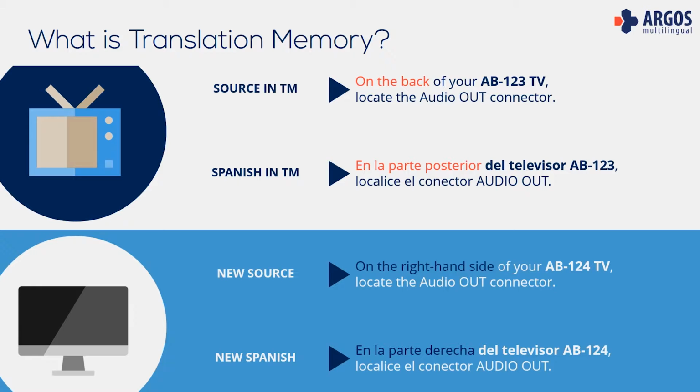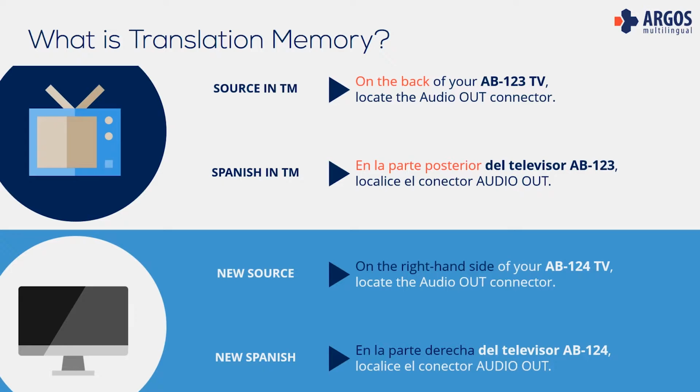Likewise, when the client updates a product with a new feature, it won't discard all the existing source content and write its user documentation from scratch, because the earlier model will still have much of the existing functionality of the new set.